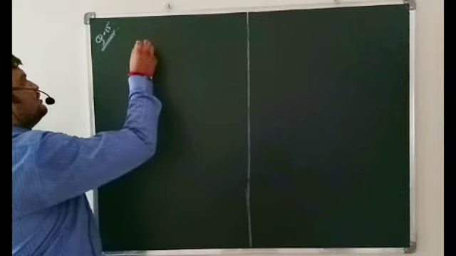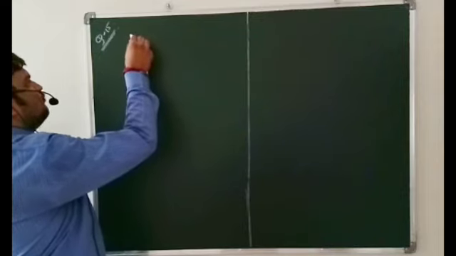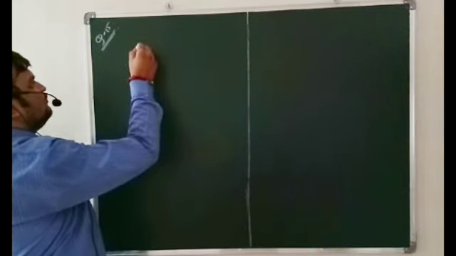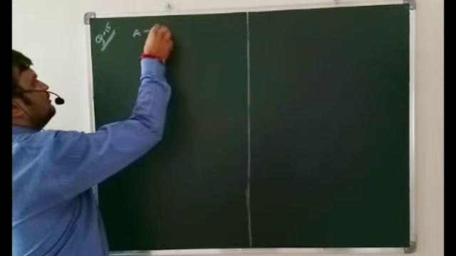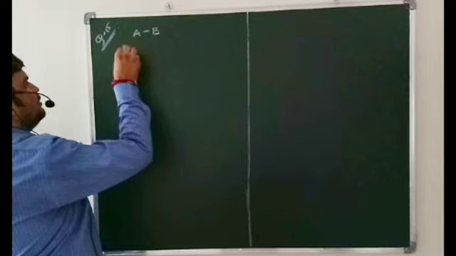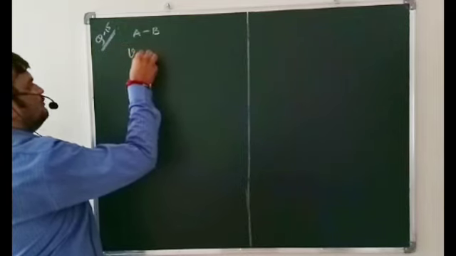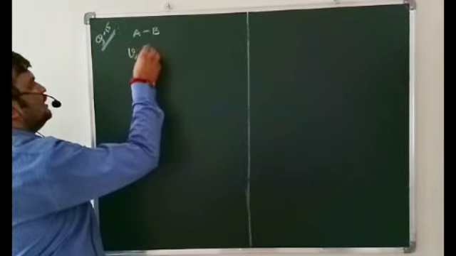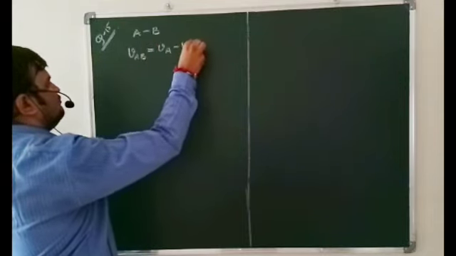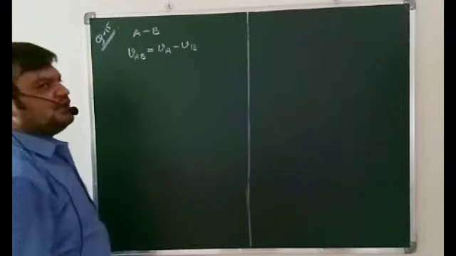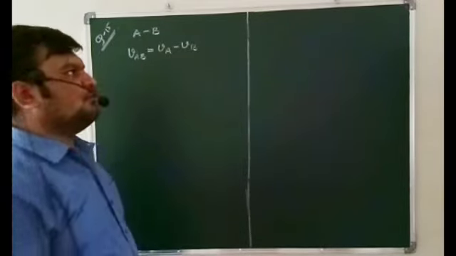So now the expression of maximum relative velocity, here A and B both are particles. Now the relative velocity of A with respect to B, that is VA minus VB, but VAB is maximum.